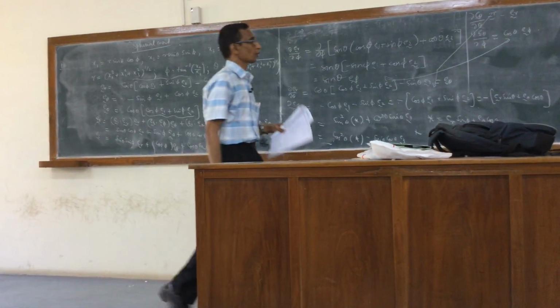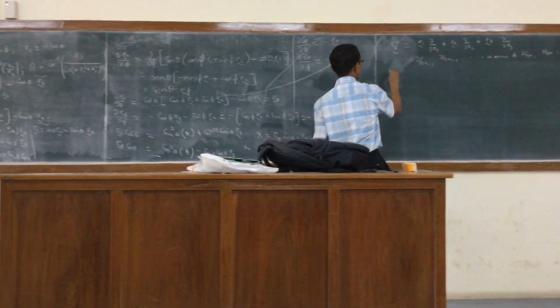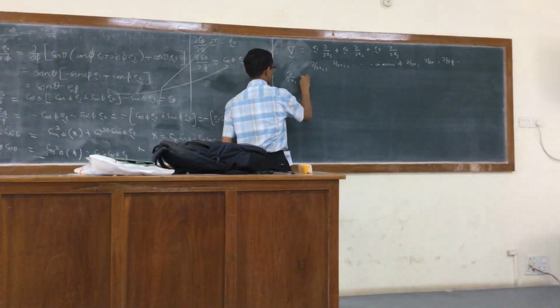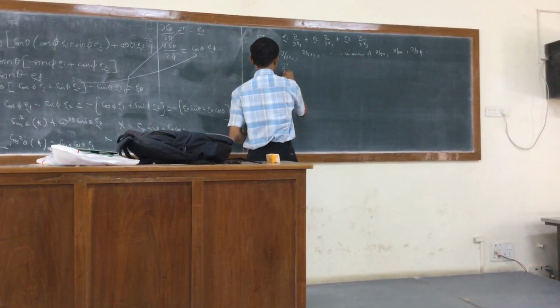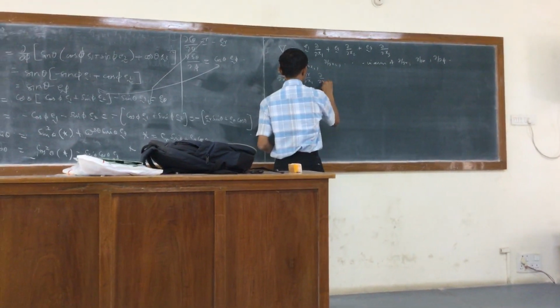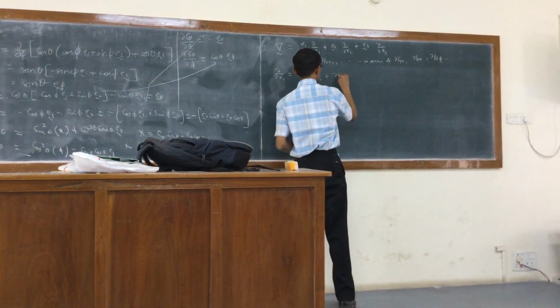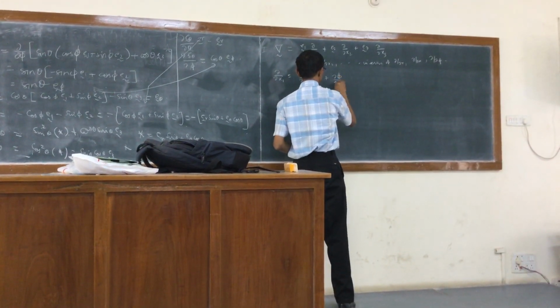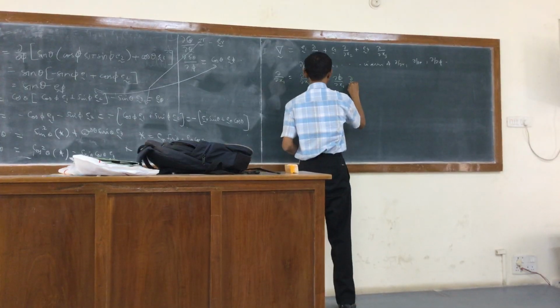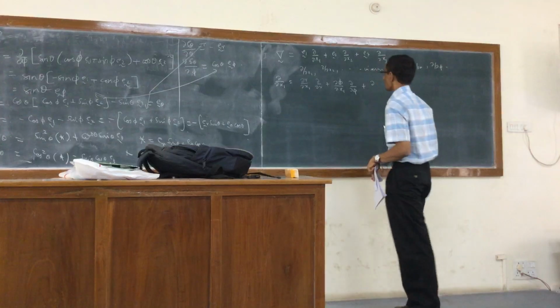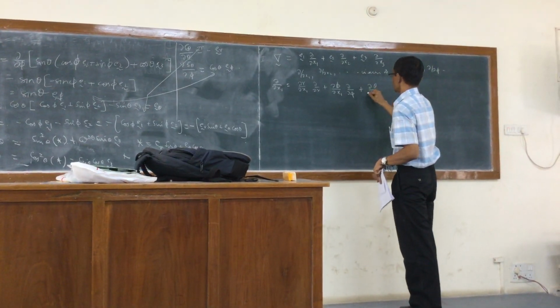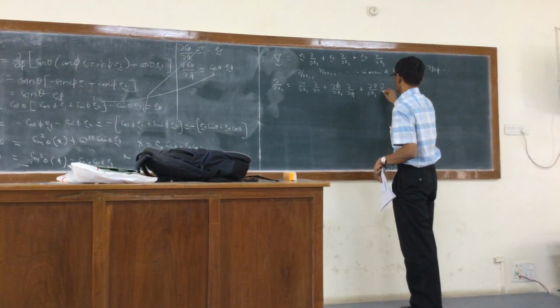Right, so clearly if I want to write d by dx1, this would be dr by dx1 d by dr, by using the chain rule, plus d phi by dx1 d by d phi, plus d theta by dx1 d by d theta.